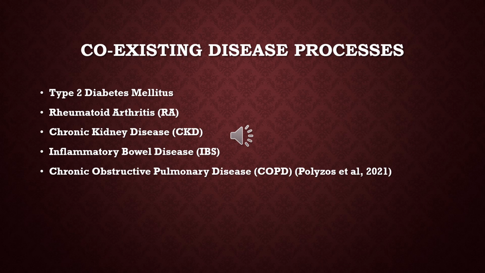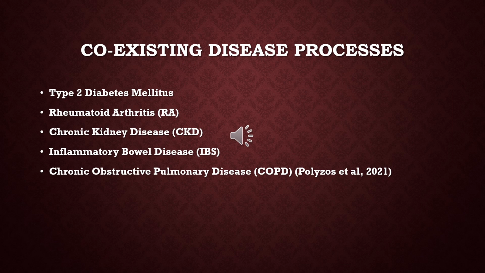Chronic hyperglycemia can promote the formation of advanced glycation end products, which accumulate in bone tissue and can impair bone quality. Additionally, low-grade inflammation is associated with type 2 diabetes, and this inflammation can disrupt bone remodeling and contribute to bone loss. Rheumatoid arthritis is an autoimmune disorder characterized by chronic inflammation.